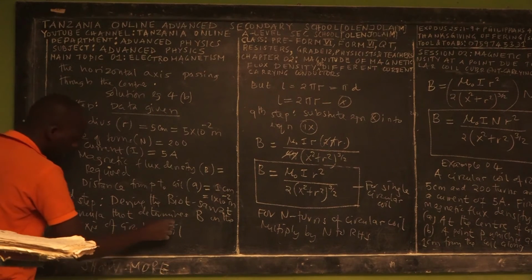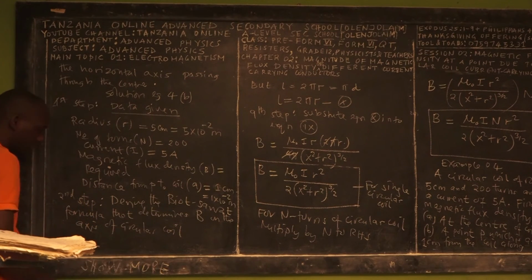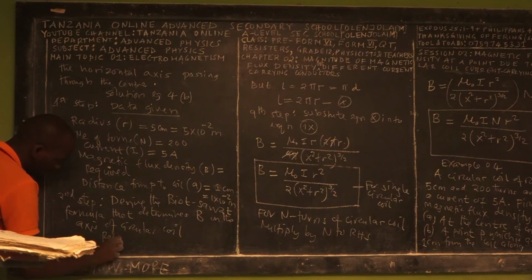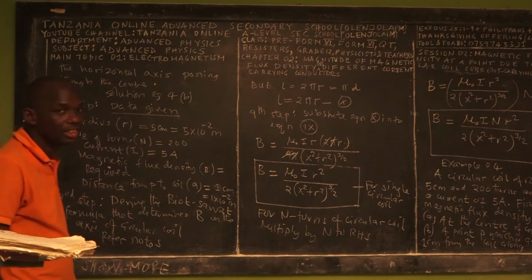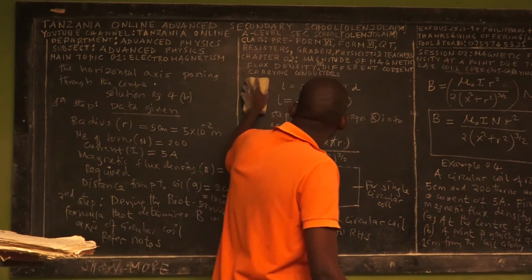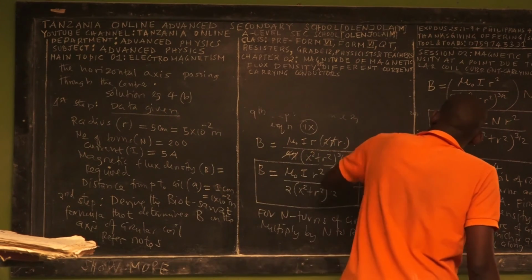I told you I won't waste my time to rewrite it, just refer to the notes. But for you, you have to practice deriving it several times, until these derivations are at your fingertips.